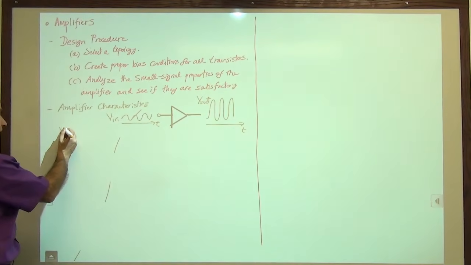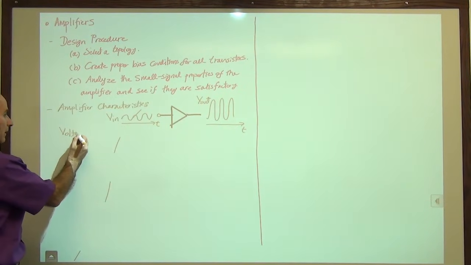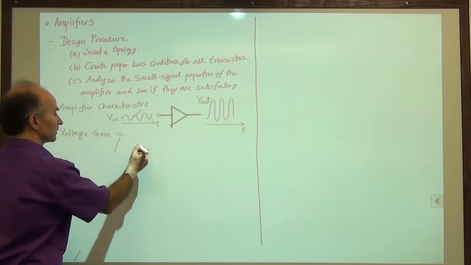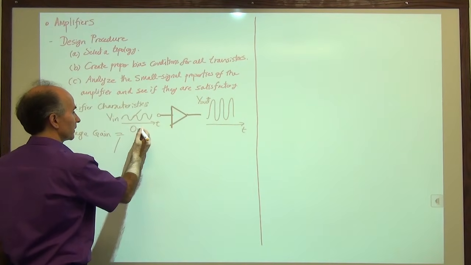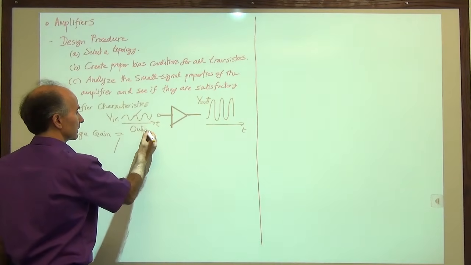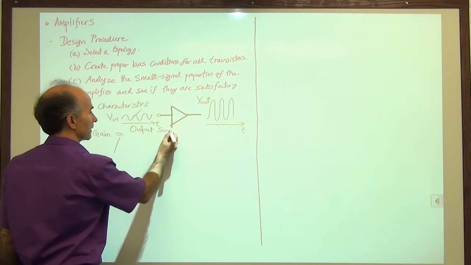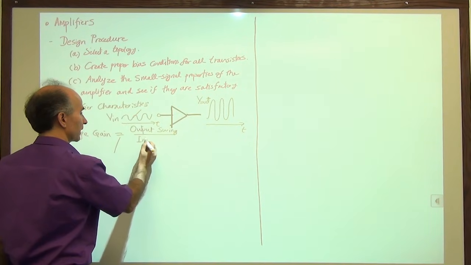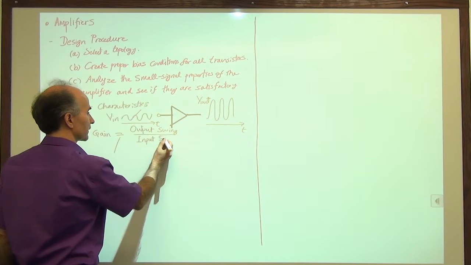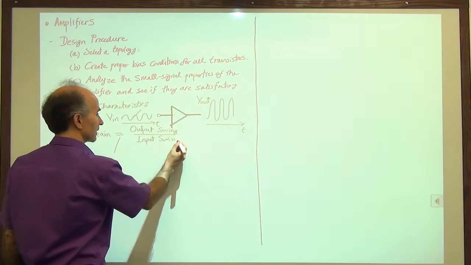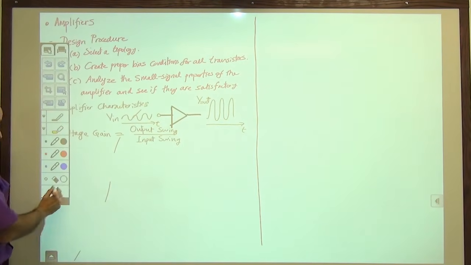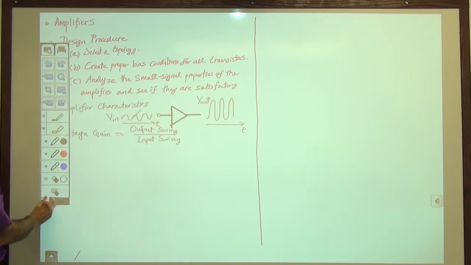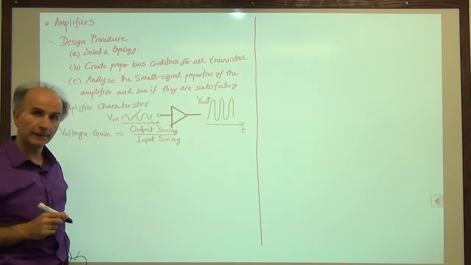So we say voltage gain is equal to output swing divided by input swing, and in both cases we mean voltage swing. So that's the definition of voltage gain.